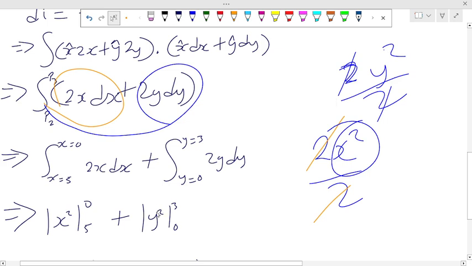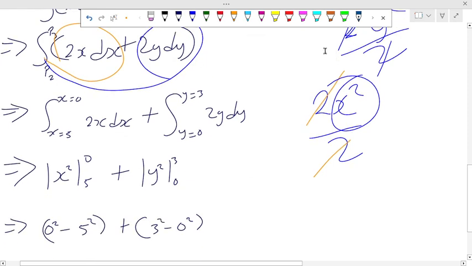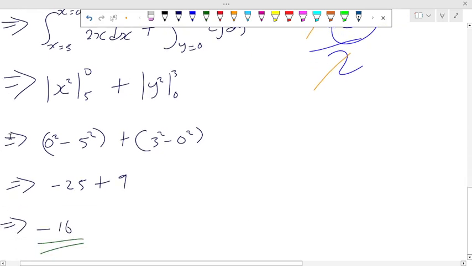And then the boundary terms, 5 to 0 and 0 to 3. When you substitute, the upper limit 0 squared minus the lower limit 5 squared, and the upper limit 3 squared minus the lower limit 0 squared, that will result in this, and you get this as your final answer.